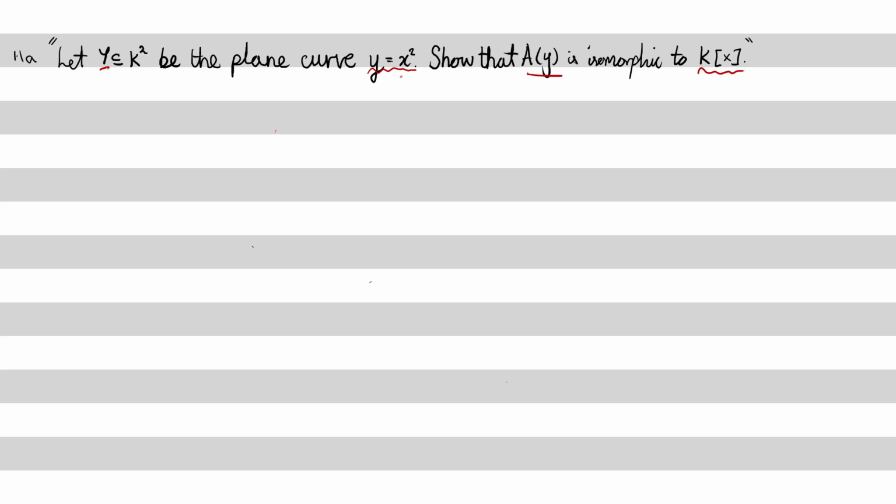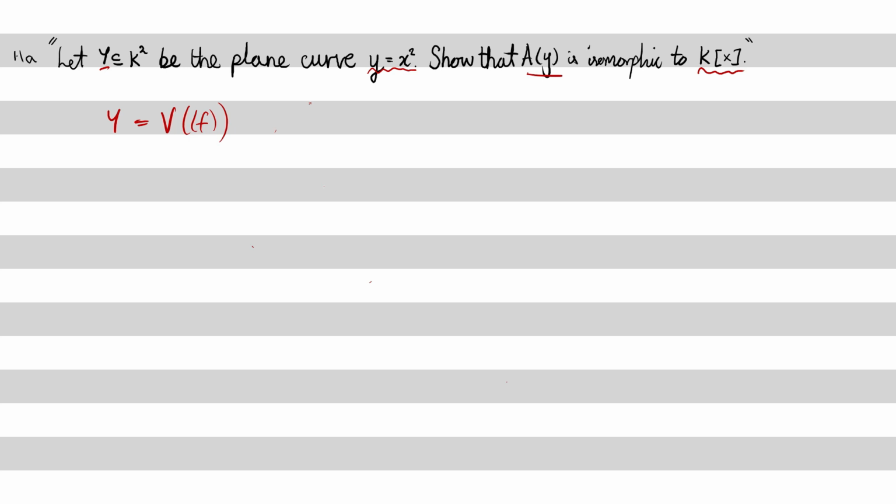So Y is a subset of K squared, and y equals x squared. Well, what Y is defined to be is the vanishing set of f, or the ideal generated by f. This question is mostly just a case of plugging in definitions.